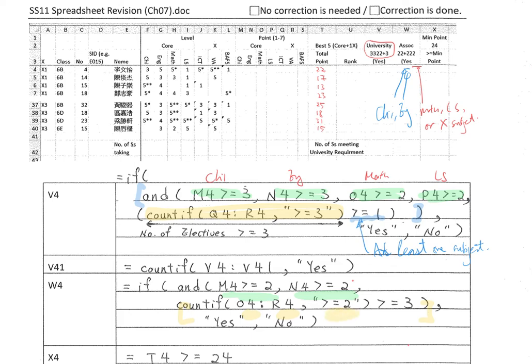If the number is greater than or equal to 3, that means at least 3 subjects can match this requirement. Then he can match the ASO requirement, so it will be yes.